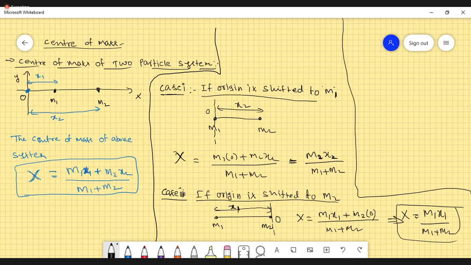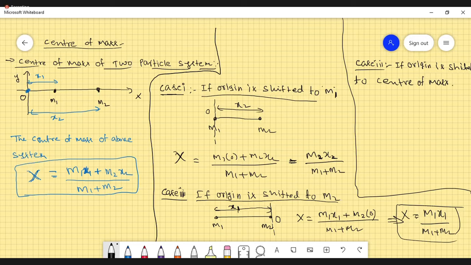Case 3. If origin is shifted to center of mass, so actually you have to consider this one as negative. Why?